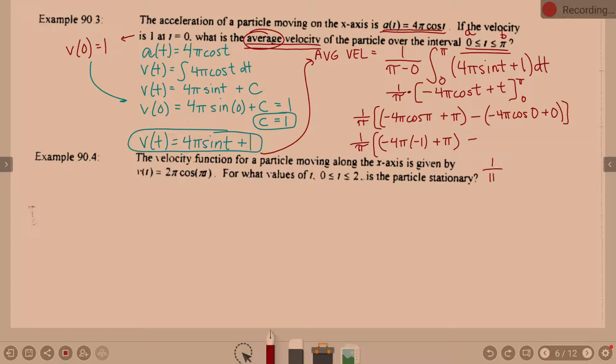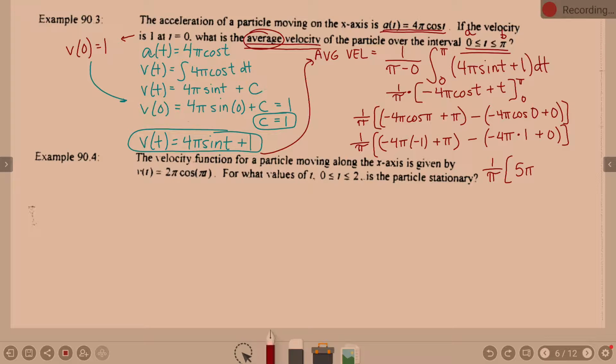So I'm going to have my 1 over pi out front, my 5 pi. Okay, what about this? Negative 4 pi. What's the cosine of 0? 1, plus 0.